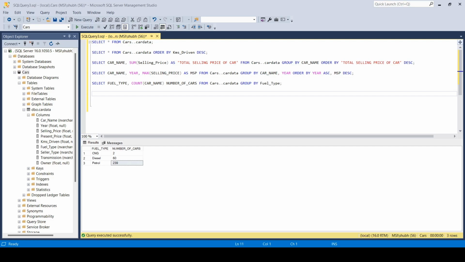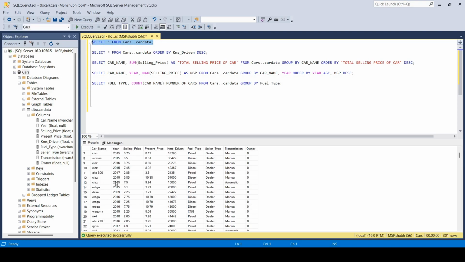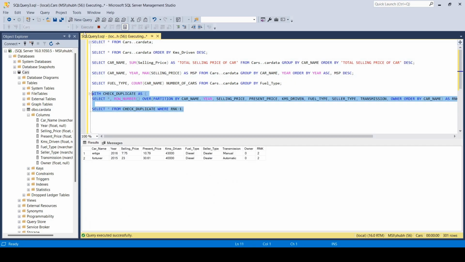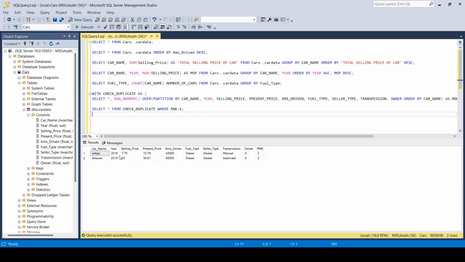Now another thing in the data is if the data is duplicate. So we can see here two entries are there which are same. Ideally data should not be deleted, so we will not be deleting the data, but we can see Ertiga has two entries and Fortuner has two entries.